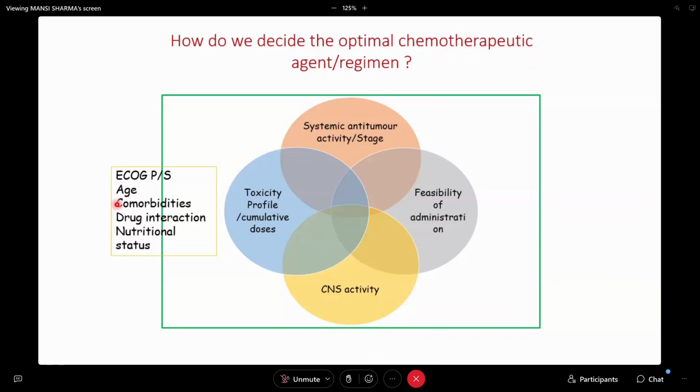With comorbidities, another important aspect is to look at hearing loss in elderly patients. For example, we had a patient recently who needed chemoradiation for head and neck cancer, and he was blind. Now, cisplatin is known to cause nephrotoxicity and ototoxicity. His kidney functions were okay. He was otherwise fit. But then we had a detailed discussion amongst ourselves and with the patient.